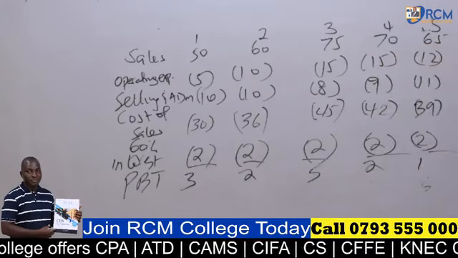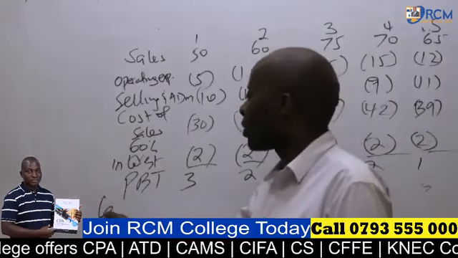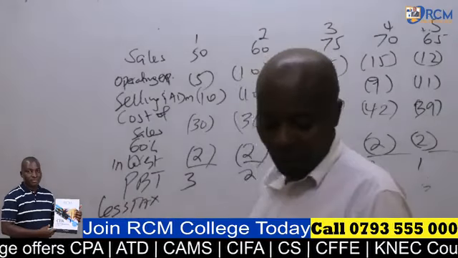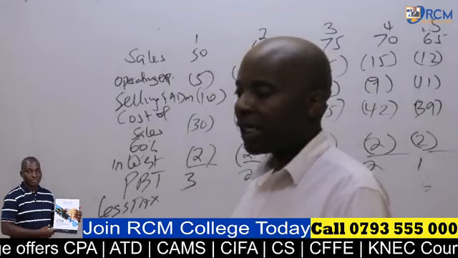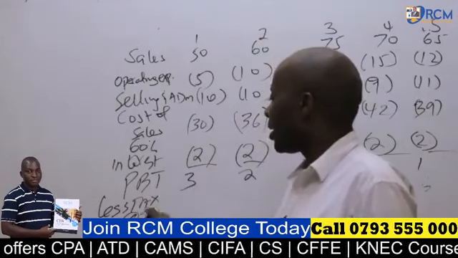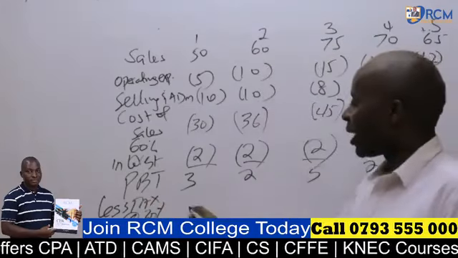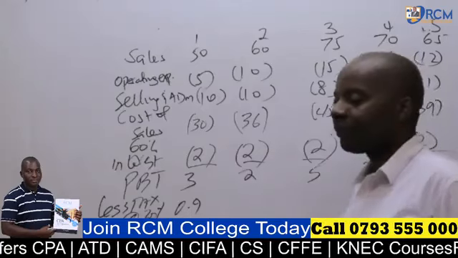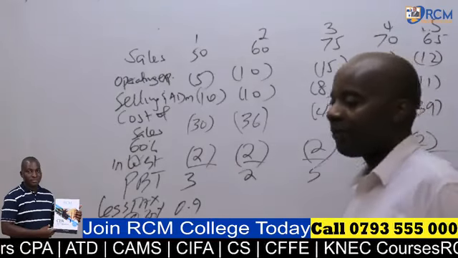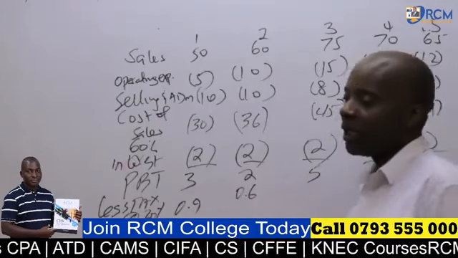After getting profit before tax, you need to come here very fast and subtract tax. So you less tax. At what rate? The rate, of course, has been given there as 30%. So tax at 30%. So 30% from Emma, I can see 0.9. 0.6.